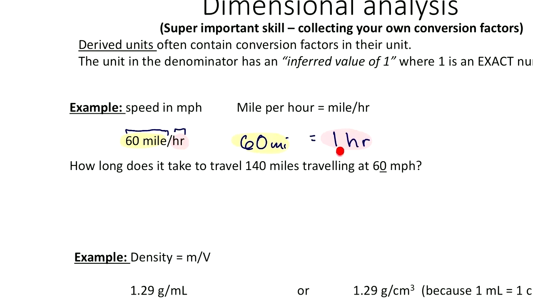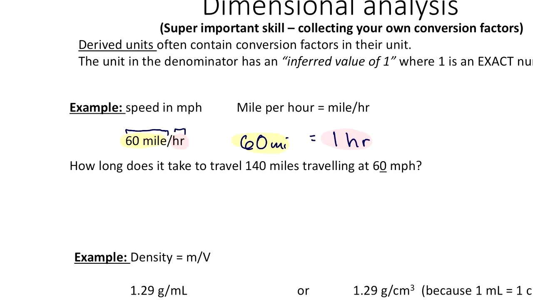So this 1 hour that I set it equal to, how many sig figs do you think that has? Infinite, yes. While 60 has, in this question, I'm trying to tell you it has 2 sig figs because I underlined the 0. So this would have like 1 or 2 sig figs, but this 1 hour that we set it equal to with the inferred 1 in the denominator actually has infinite sig figs because the 60 miles was measured, the 1 hour is inferred.